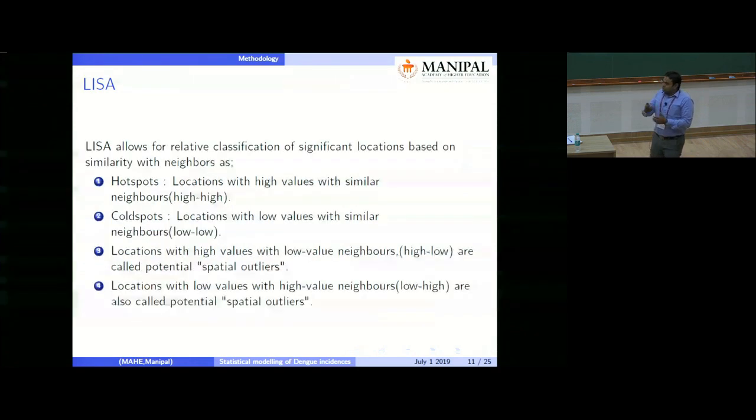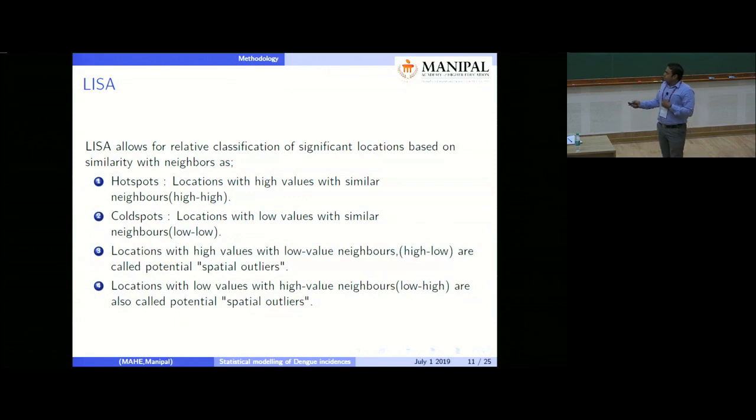LISA also classifies the locations as hotspots, cold spots, and spatial outliers based on the similarity with neighbors. Again, please note that it is a relative classification. Hotspots, with respect to dengue in this example, are those locations which have high dengue incidences, and their neighbors also have high dengue incidences.